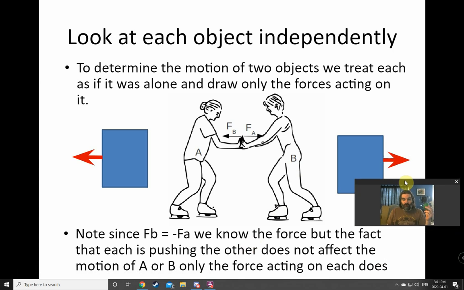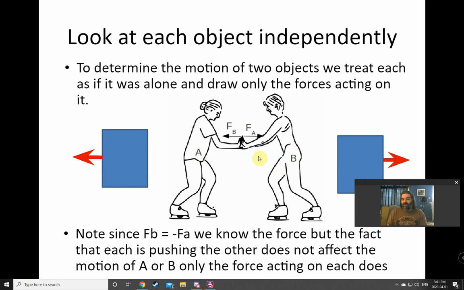So when we do this, for example, if you're looking at two people on ice skates pushing away at each other, for this person, the only force affecting them is person B pushing back. For this person, the only force affecting them is person A pushing back.